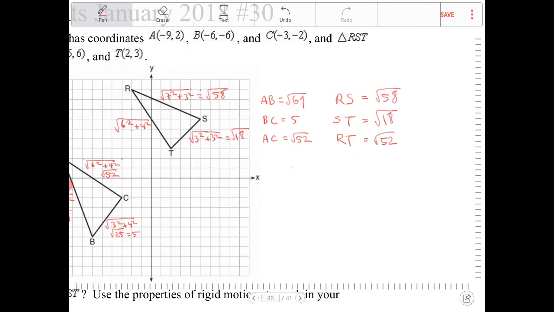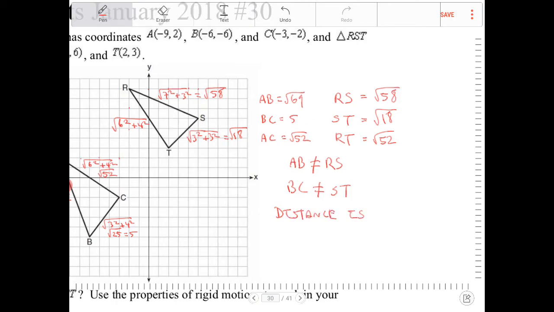So here, since AB is not the same as RS, BC is not the same as ST, distances are not preserved.